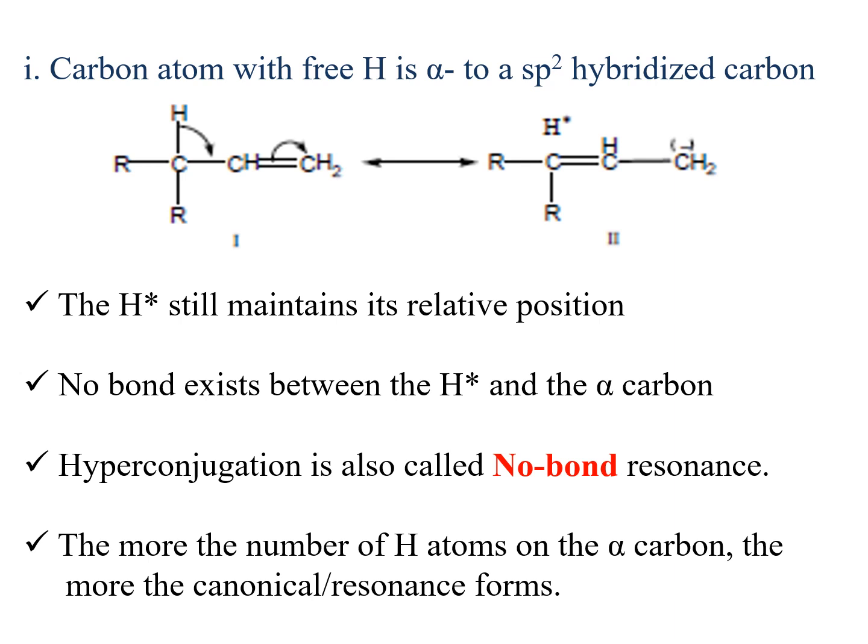From this slide, you can see that hydrogen still maintains its own position, while the bond between hydrogen and carbon does not exist. That's why hyperconjugation is called no bond resonance. And in hyperconjugation, the more hydrogens on the alpha carbon, the more resonance or canonical structures we are going to get.